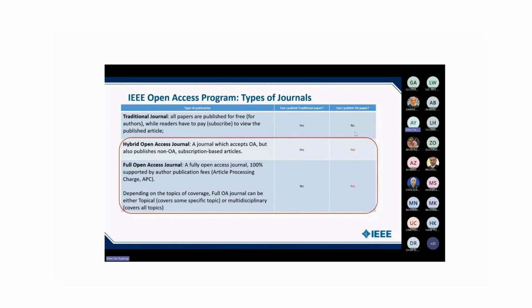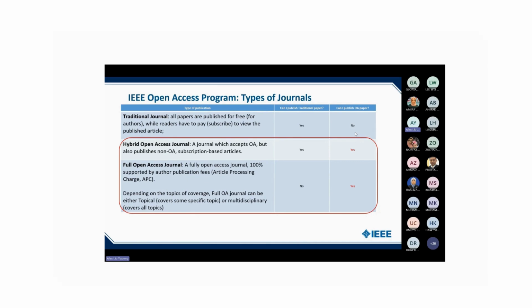And because it's open access, you need to pay an article processing charge. Now, I need to explain to you about this article processing charge. The article processing charge only happens after your paper is accepted. It doesn't mean that, oh, since I'm paying, my paper is guaranteed to be accepted. No matter how good or how bad my paper is, well, since I'm paying, you have to accept my paper. No, that's not the case. We don't work that way.